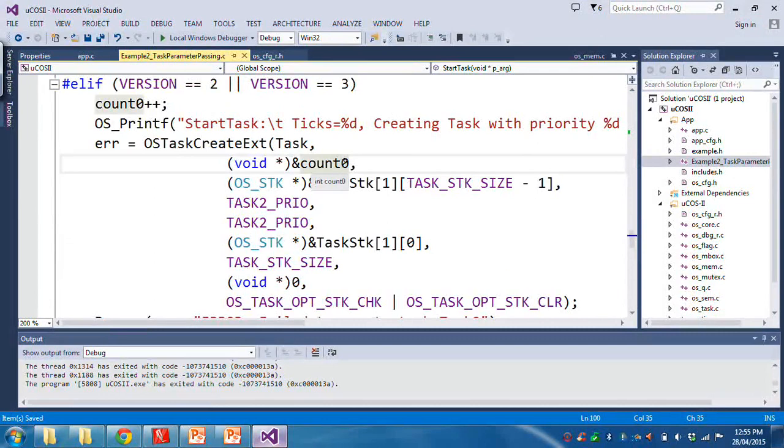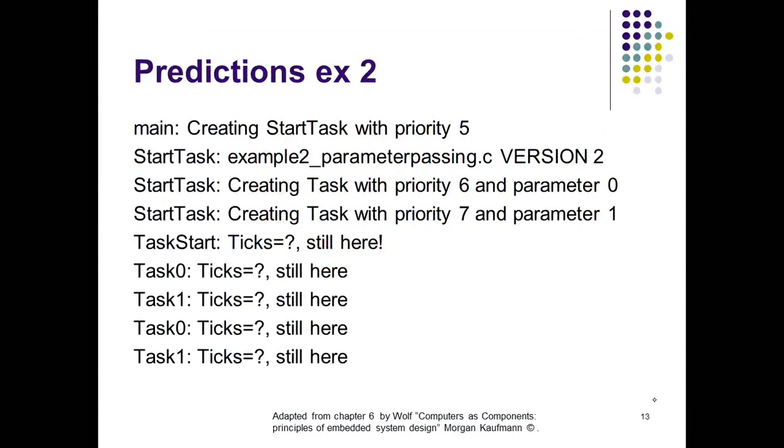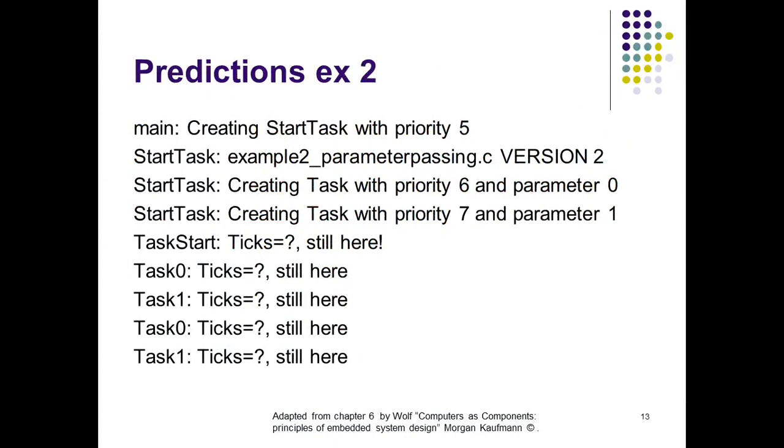So I use the same variable. I pass the same variable into my function, but it should produce the same output because I increment my variable before I run my second task. So, can anyone suggest why the output for version 2 wouldn't be exactly the same as version 1?